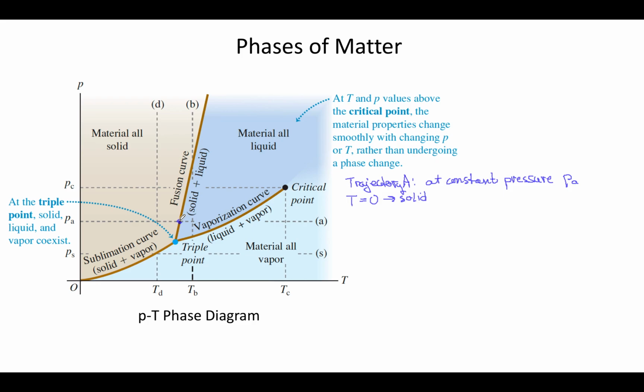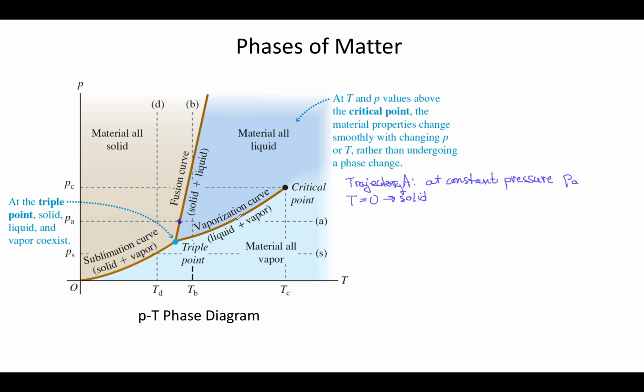Essentially, you have to add heat energy to increase the temperatures of things. You keep adding heat energy here, the temperature doesn't change because you have the coexistence of solid and liquid, until all of the solid is melted into a liquid, and then you increase your temperature more because you're all liquid. Then you intersect the vaporization curve.